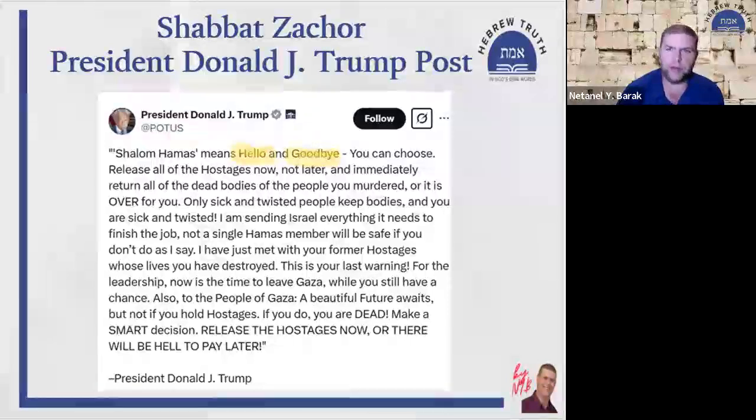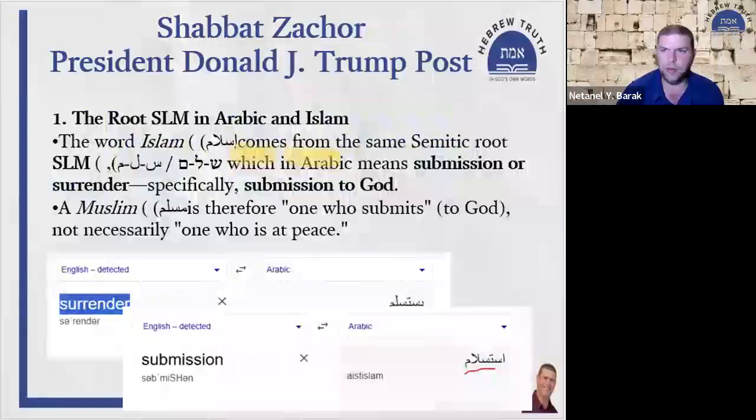And the meaning of this root in the Semitic languages, in Hebrew as well as in Arabic, may also mean surrender, submit. So the root shin lamed mem here in Arabic has an S sound instead of a shin. This is very common, guys. We have an S instead of a shin in other languages as well.